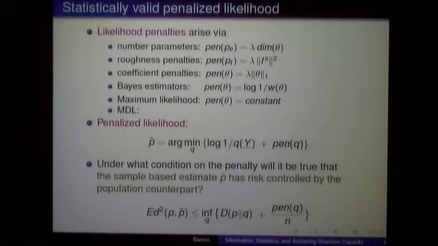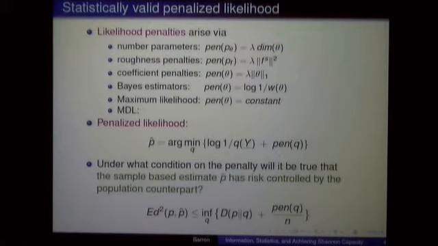So the likelihood penalties arise in practice in myriad ways, through the number of parameters, through roughness penalties, as I mentioned earlier, coefficient penalties, as I just mentioned, like L1 norms on coefficients in a function expansion, through Bayes maximum a posteriori estimators if W of theta is a prior, through maximum likelihood where the penalty would be a constant, through MDL, which I've already been talking about.